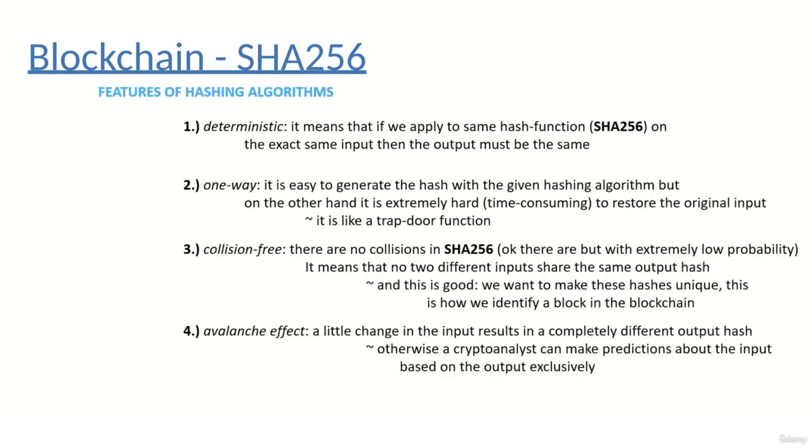Let's talk a bit about the features of hashing algorithms. First of all, it must be deterministic, which means that if we apply the same hash function on the exact same input, then the output must be the same. It has to be one way, which means that it is easy to generate the hash with the given hashing algorithm, but extremely hard and time-consuming to restore the original input.